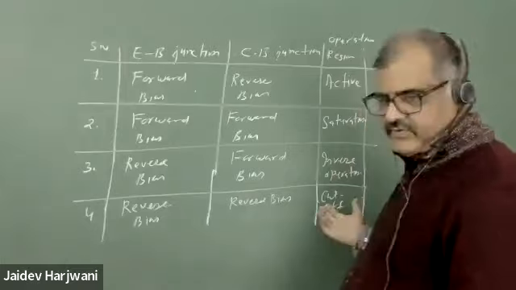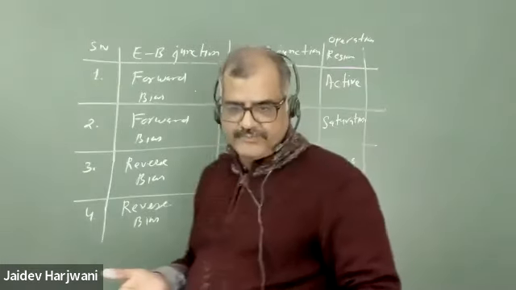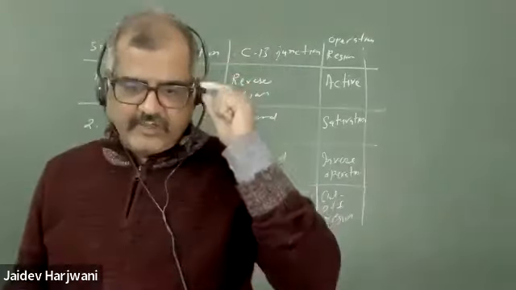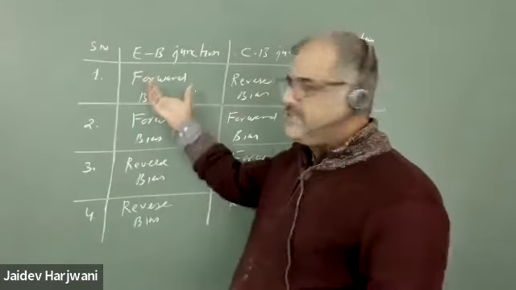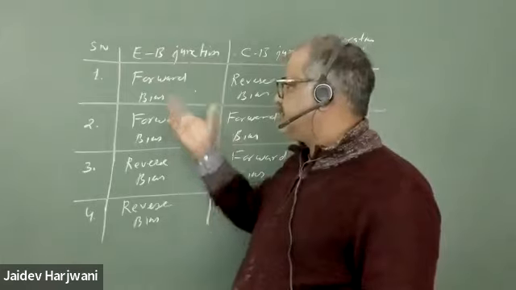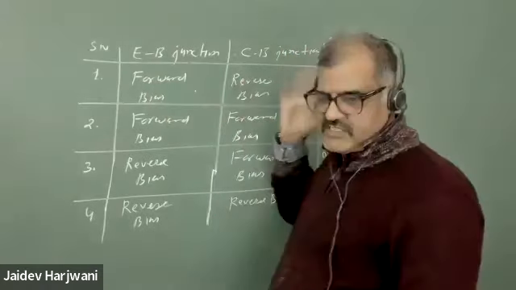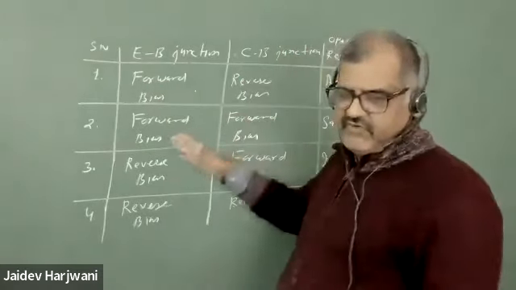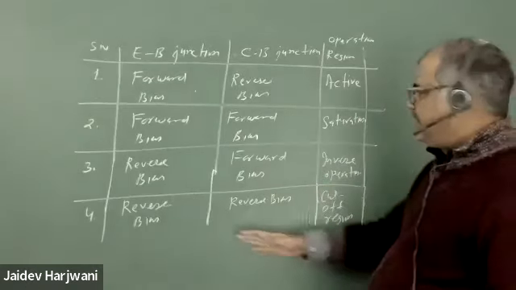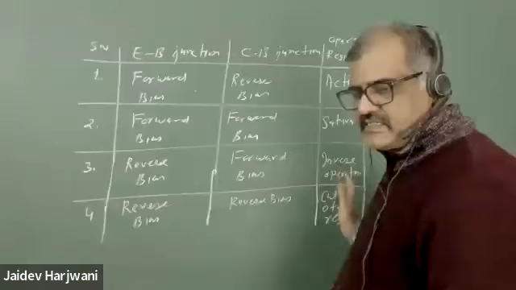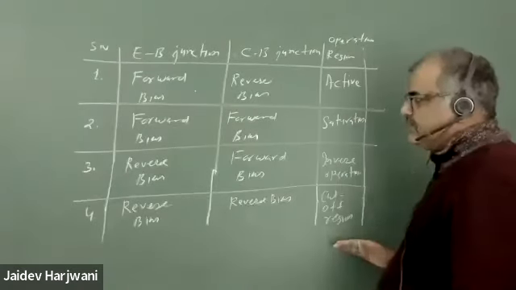They ask questions in exams where they give some circuit and some biasing, and ask in which region the transistor is working: active, saturation, or cutoff. How will we find out? We'll see the type of biasing. If the EB junction is forward bias and the CB junction reverse bias, then it's the active region. If both are forward biased, it is in the saturation region. And if both are reverse biased, then it is the cutoff region.